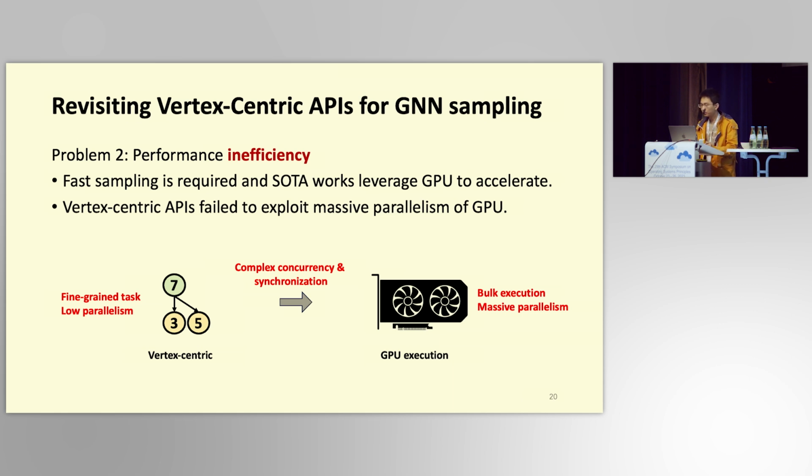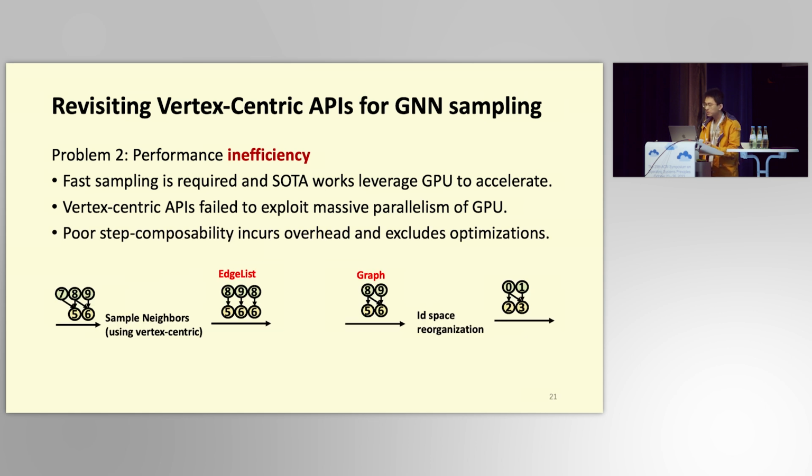In more detail, the vertex-centric API fails to exploit the massive parallelism of the GPU due to the many complex concurrency controls and synchronizations required by the fine-grained design, which the GPU cannot perform well.